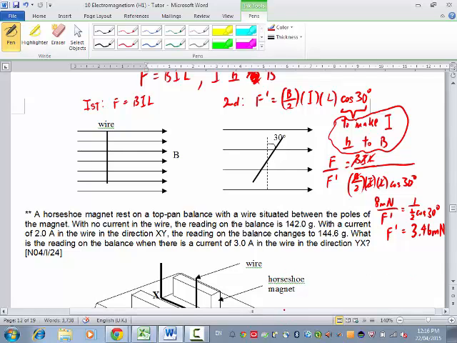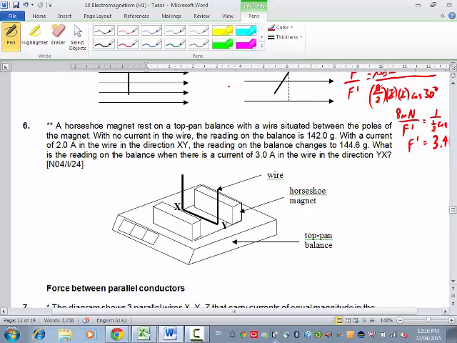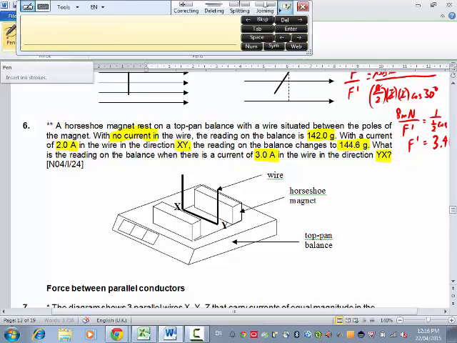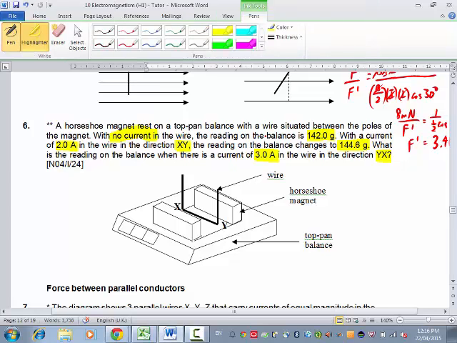Timothy, number 5. The key thing in this question is the balance. When there's no current, the reading is 142. If your current is 2 ampere, it is 144.6. What happens if it is 3 ampere but in the opposite direction? These are the important stuff. Obviously when you reverse the direction of current, what happens?